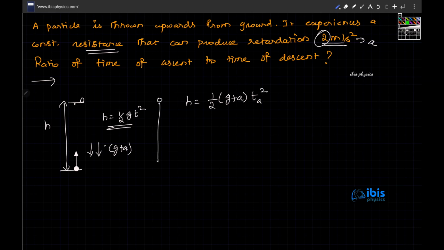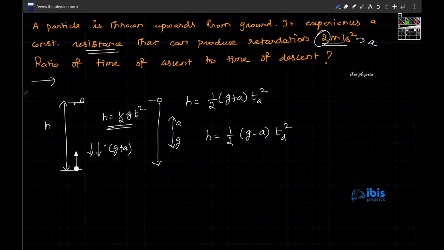Suppose when it falls down, g is acting downwards, A is acting upwards. Hence, since it is falling from the same height, h is equal to half into net acceleration downwards, g minus A, into time of descent square.